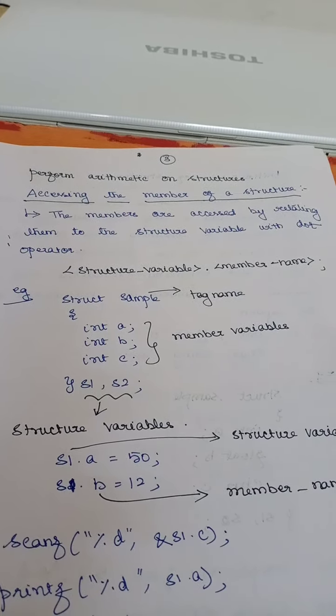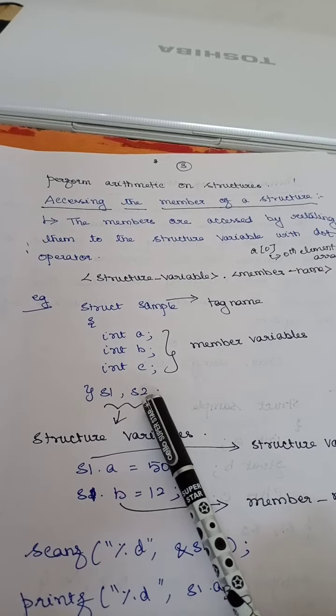Suppose in the example you have struct sample, where sample is going to be the name of the structure. Here I have three variables A, B, C, and these are all member variables, and S1, S2 are going to be the structure variables.